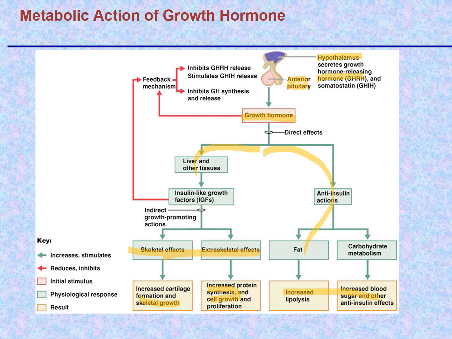With release of increasing amounts of growth hormone, there is a negative feedback that will cause inhibition of growth hormone releasing hormone, and so an inhibition of growth hormone synthesis and release. It's under a negative feedback control system.